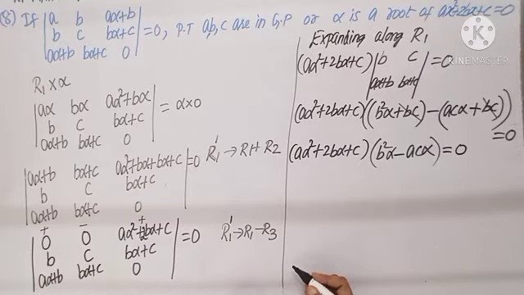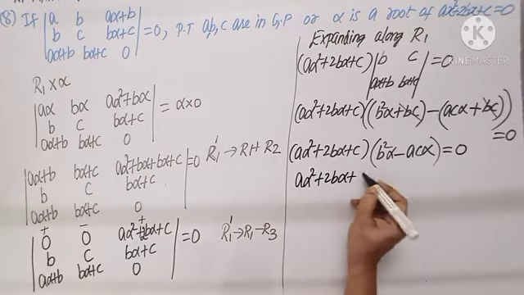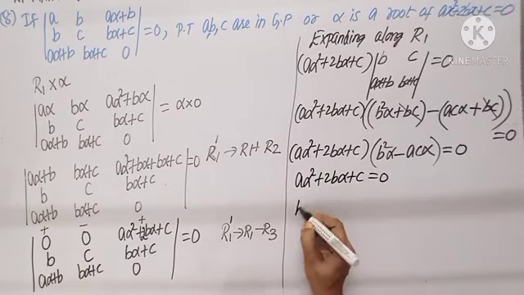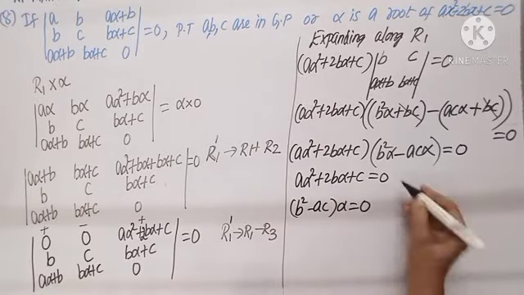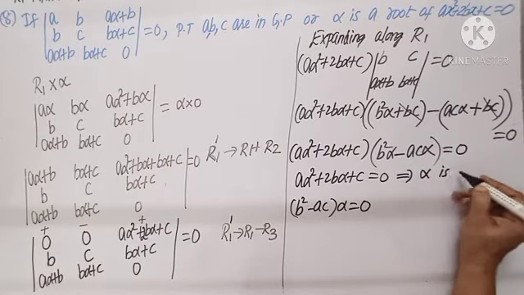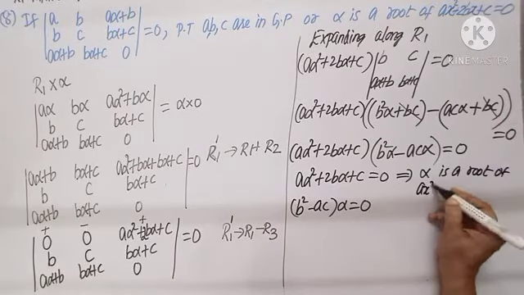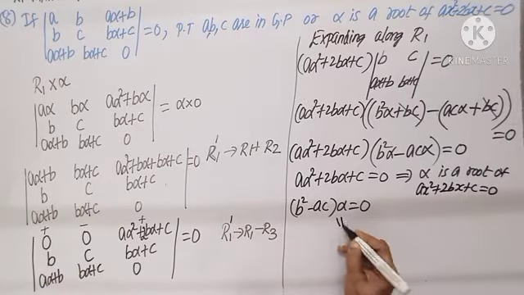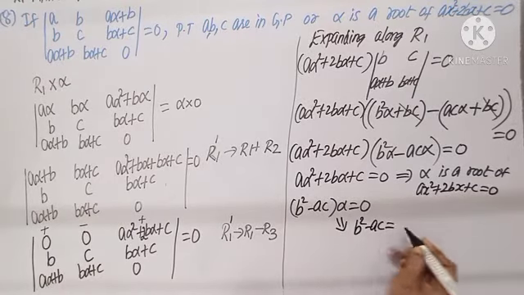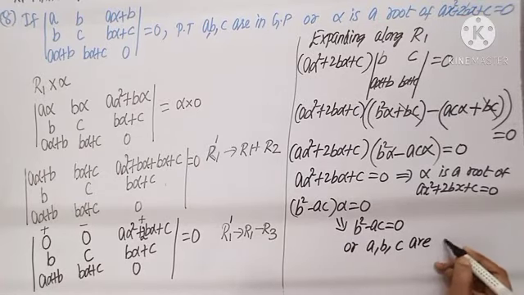Given RHS is 0, so I get either aα² + 2bα + c is 0 or (b² − ac) into alpha is 0. This implies alpha is a root of the equation ax² + 2bx + c = 0. This implies b² − ac is 0, or a, b, c are in GP.